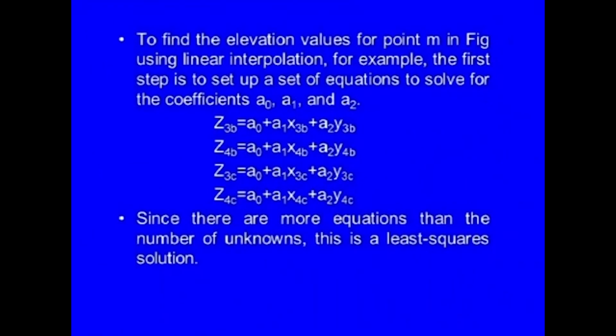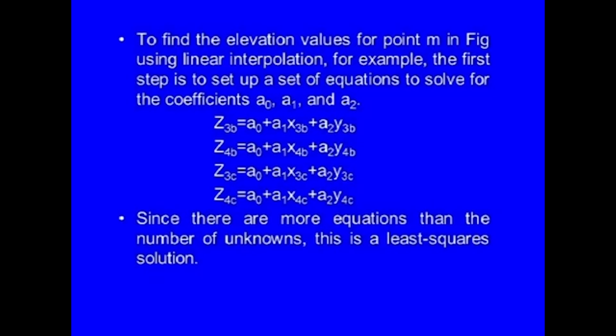To find the elevation values for point M in the figure using linear interpolation, for example, the first step is to set up a set of equations to solve for the coefficients a0, a1 and a2, such that Zb3 can be represented mathematically in the form a0 plus a1xb plus a2yb.